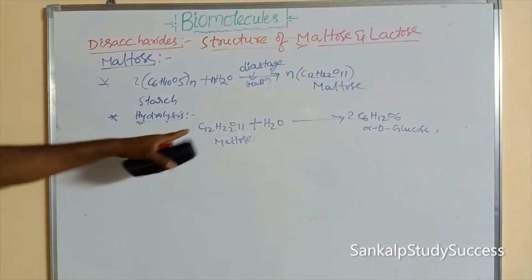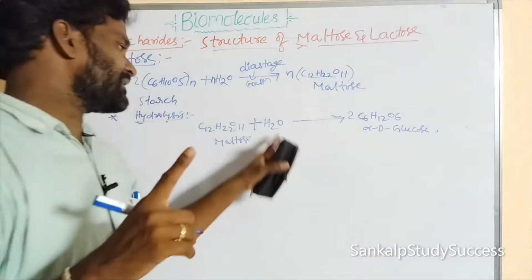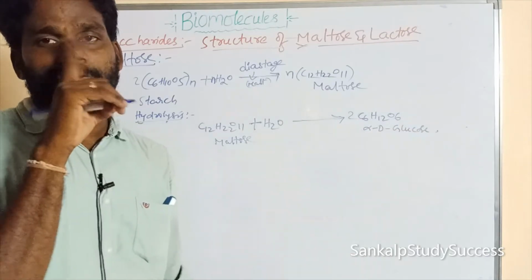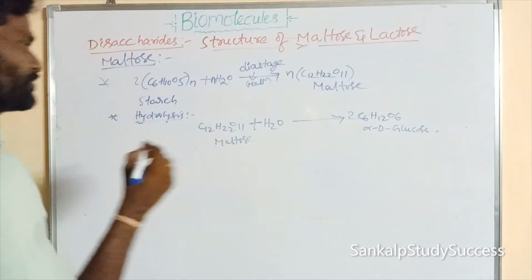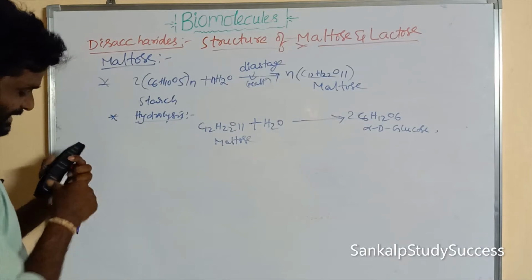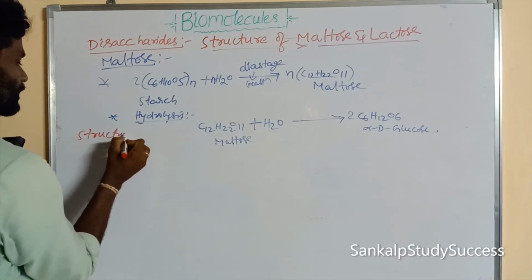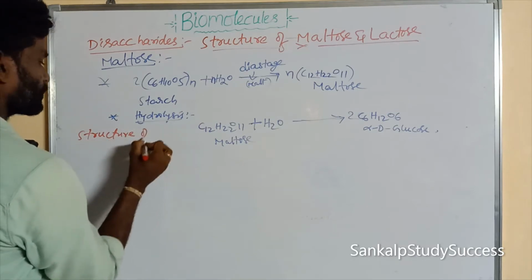So hydrolysis of maltose produces 2 molecules of alpha D glucose units. Now we will discuss the structure of maltose.